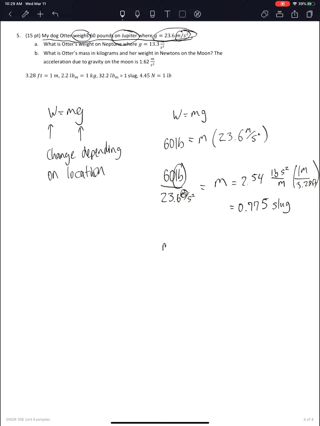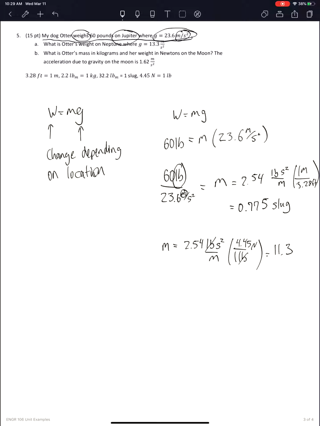Alternatively, I can start with what I had. M equals 2.54 pound second squared per meter, and convert pounds to newtons. There is 1 pound in 4.45 newtons. And now I'm left with 11.3 what?